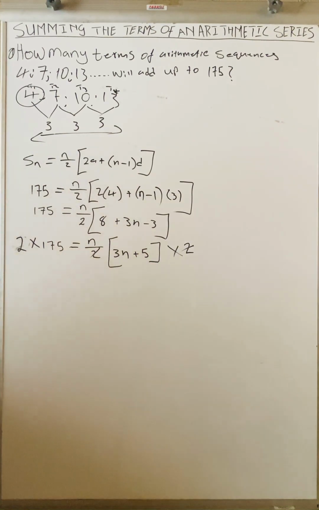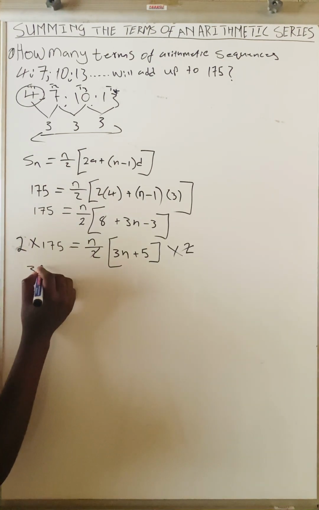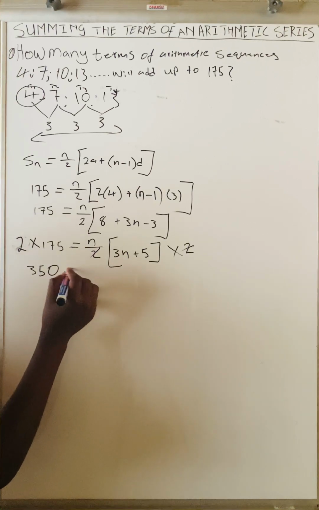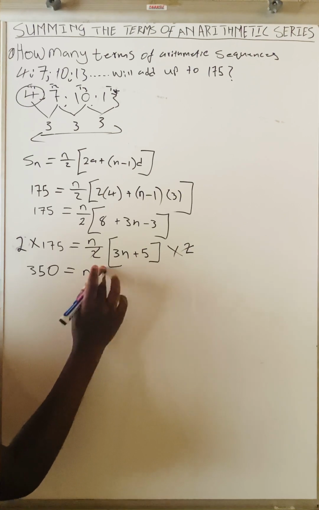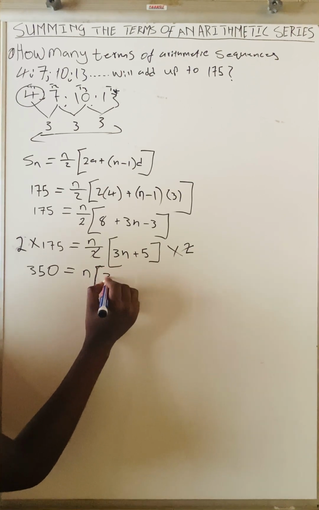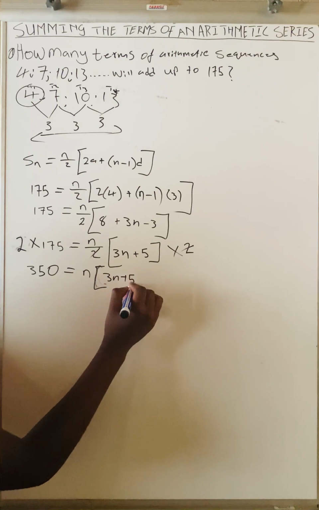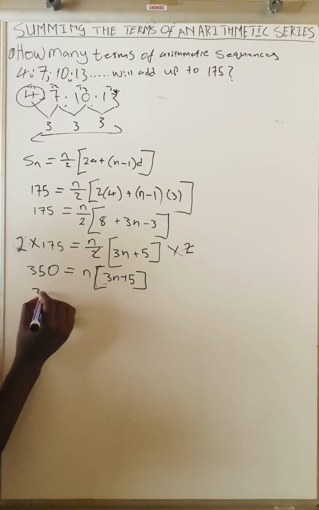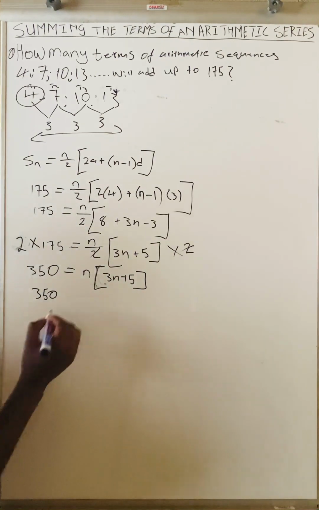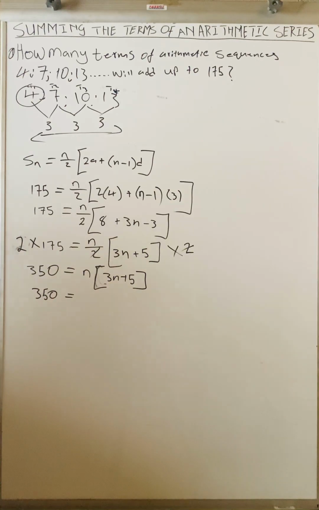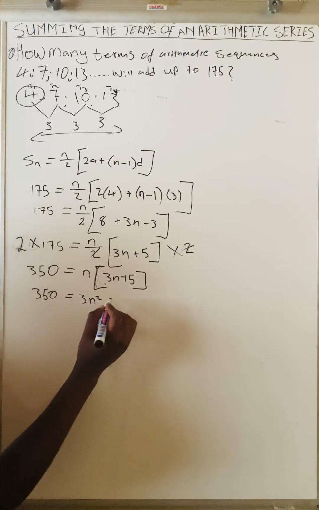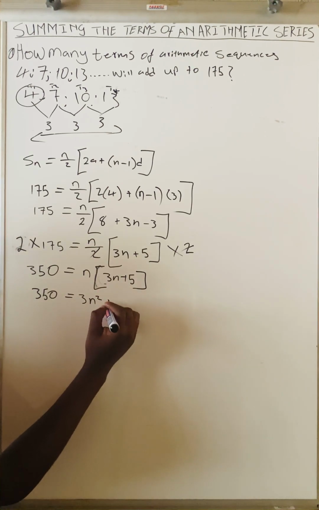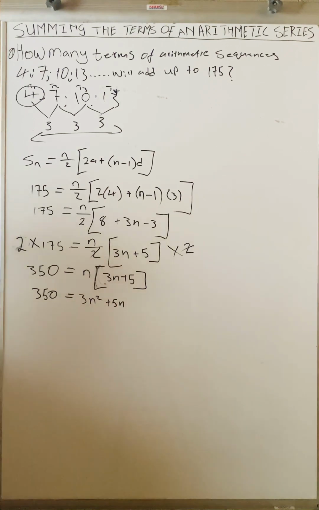Then 2 multiplied by 175 gives 350, and the other side remains n times the bracket 3n plus 5. So 350 is equal to n times 3n, which gives 3n squared, and n times 5, which gives 5n.